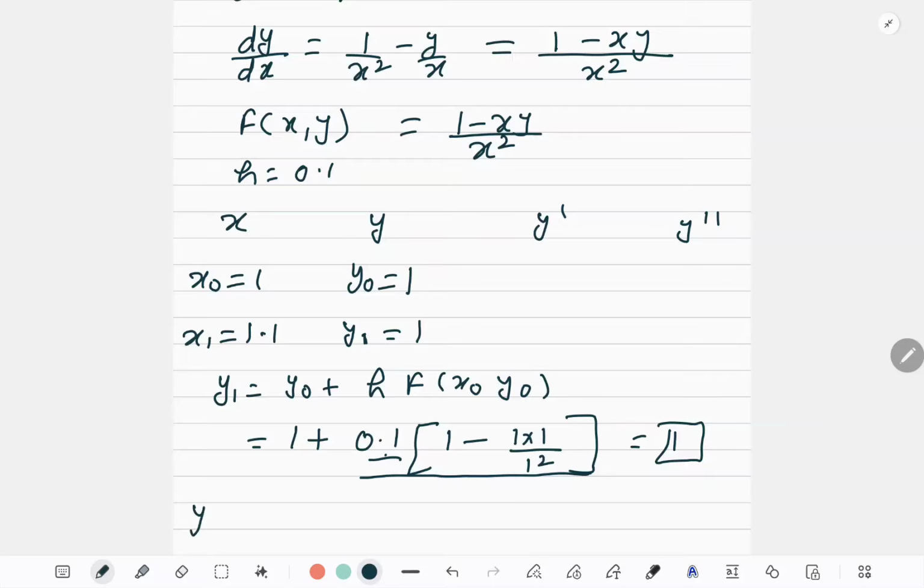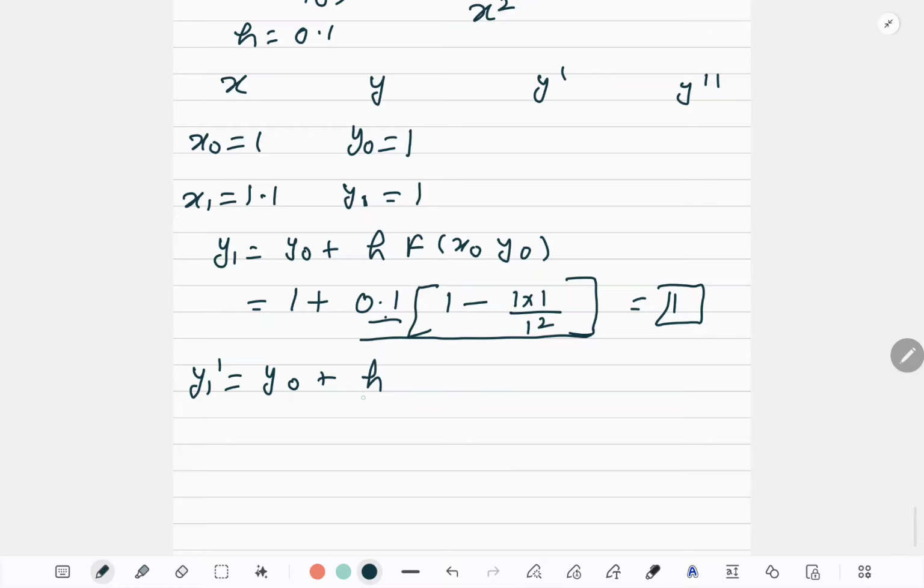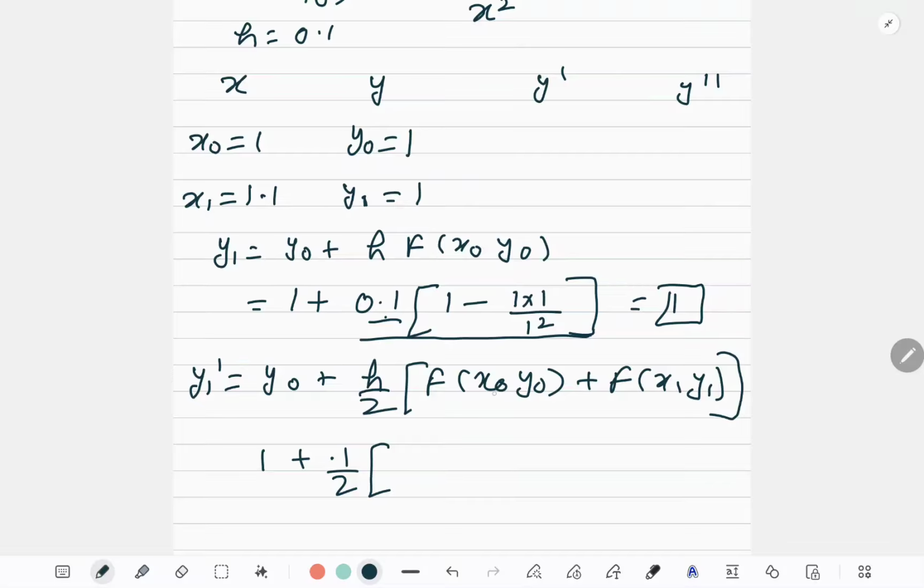Now let us modify it. So y1 dash is equal to y0 plus h by 2 times f of x0 y0 plus f of x1 y1. Correct? Now put the value. What is the value of y0? y0 is 1 plus 0.1 upon 2. Now f of x0 y0 means what? 1 minus 1 into 1, upon 1 square, plus f of x1 y1 means what? 1 minus x1 into y1.